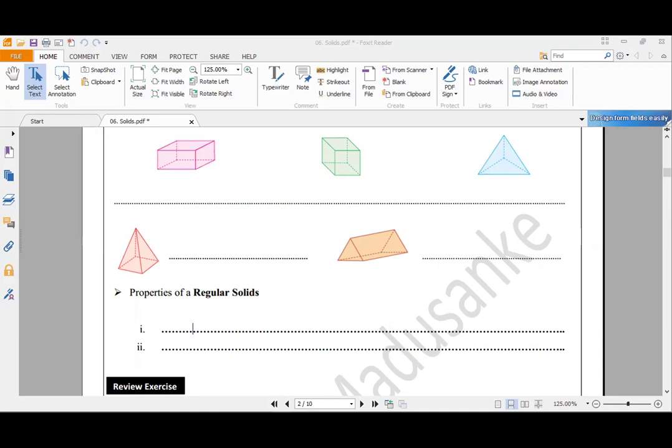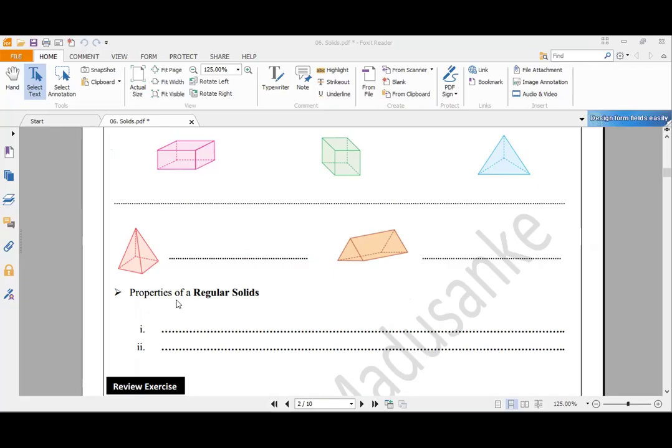Can anyone tell me what properties you need to know for a solid to become a regular solid? There are two properties. Anyone? Can't remember. Hari?